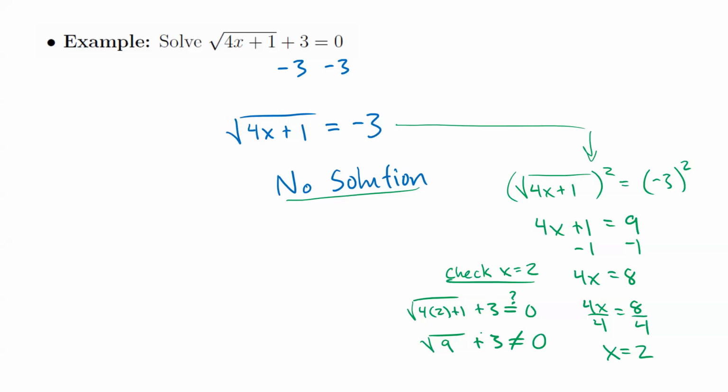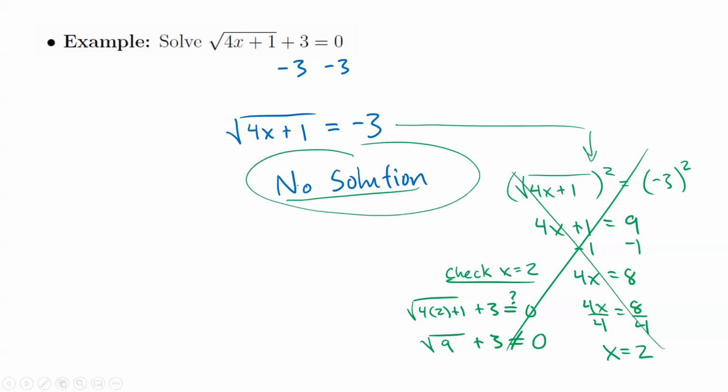So since it doesn't work when we check it, this is not a solution. Even if you went through the process, you could come back to the idea that no x is going to make this equation true. But like I said, there's no need to do any of this if you notice the square root is equal to a negative.